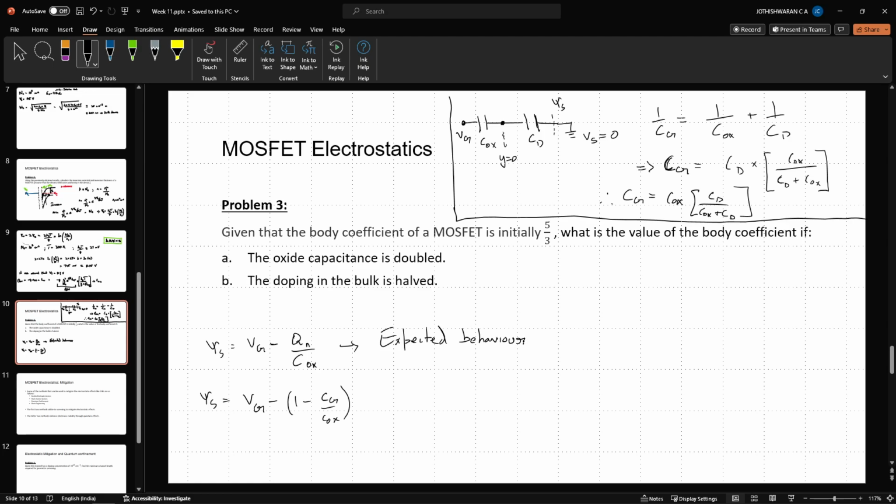I know Cox because I fabricate the device, so I would know the relation between Vg and the surface potential. But due to depletion effects, that no longer remains the case. And also Qn is equal to Vg times Cg.